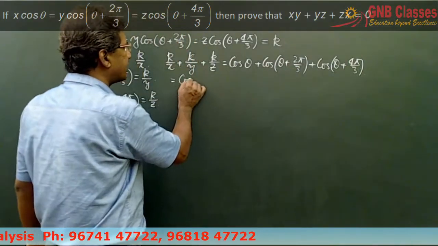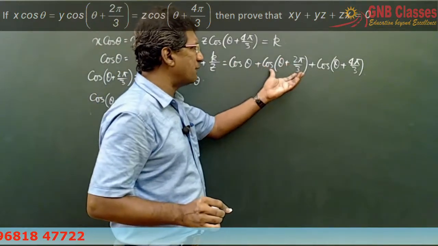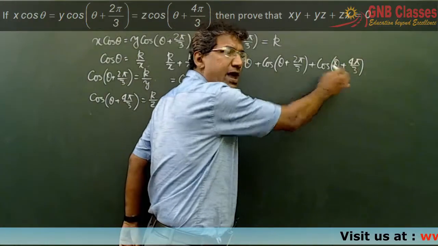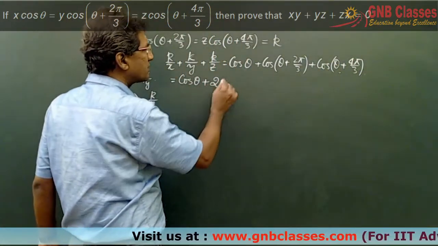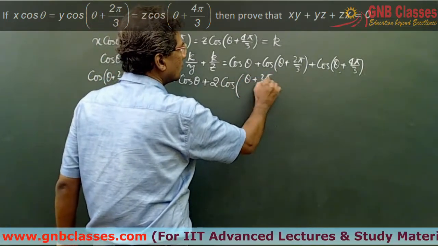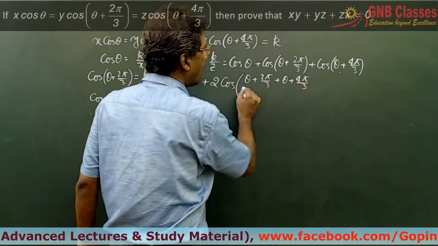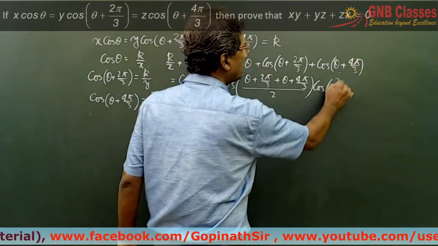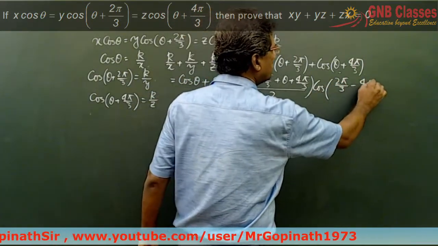In this case, even if I don't open the bracket, you treat this thing as your C and this thing as your D and apply the cos C plus cos D formula. So what we are going to get? Cos C plus cos D is 2 cos((C plus D) by 2) cos((C minus D) by 2).